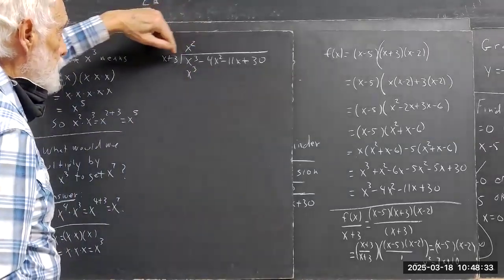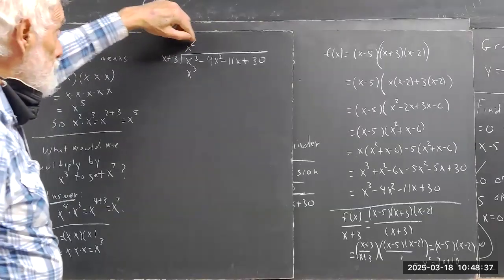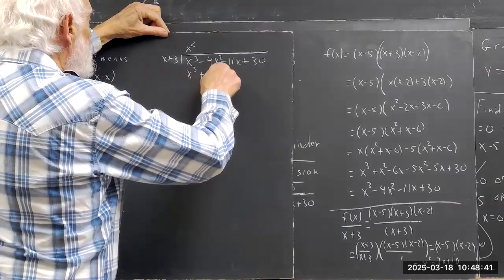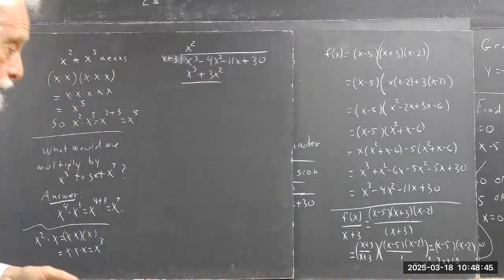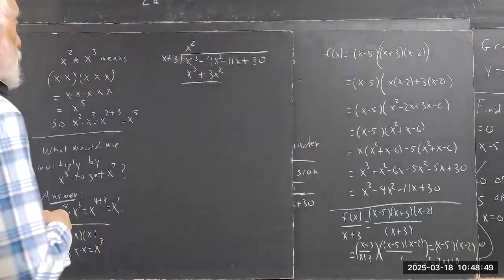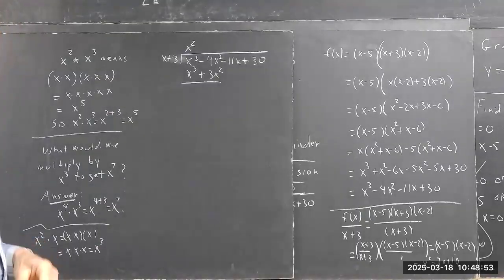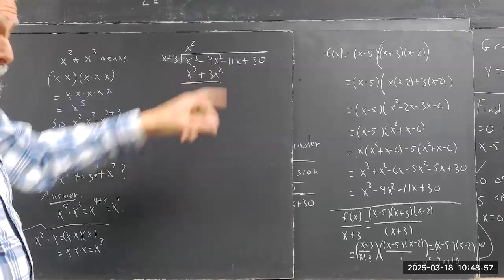And then, of course, we've got to do x squared times 3. Okay, x squared times 3 is 3x squared, so we add 3x squared here, okay? So here's the algorithm starting to develop. If you remember long division from 5th grade, you subtract whatever you have here from what you have here.